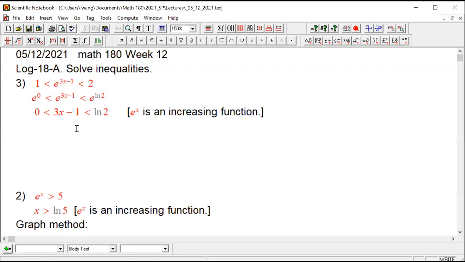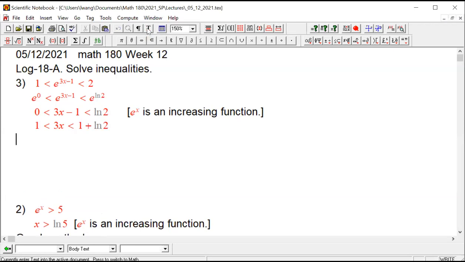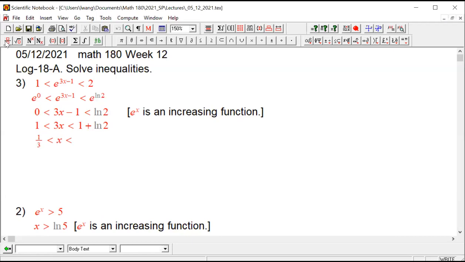Adding 1 to each side, 1 is less than 3x, less than 1 plus ln 2. Divide each side by 3. So 1/3 is less than x, less than 1/3 of (1 plus ln 2).